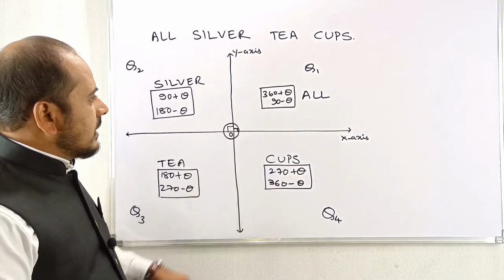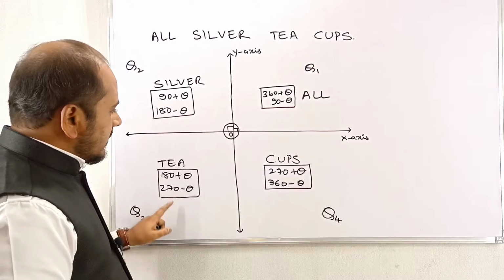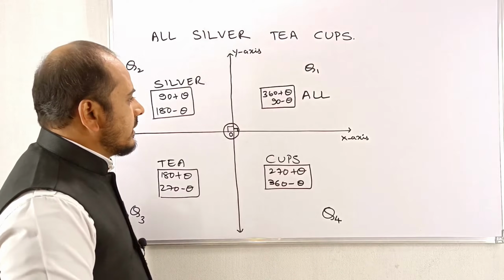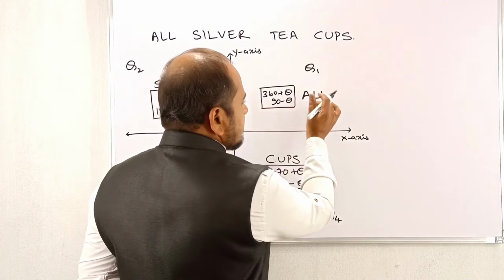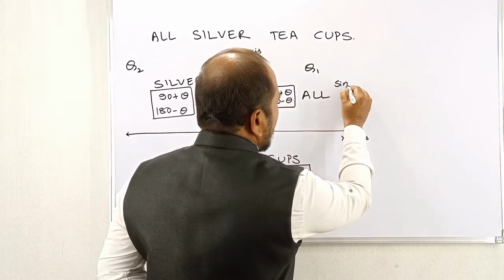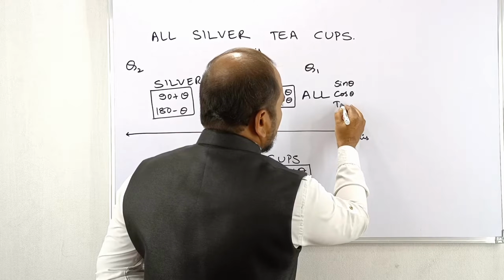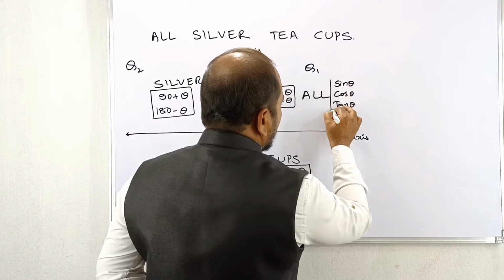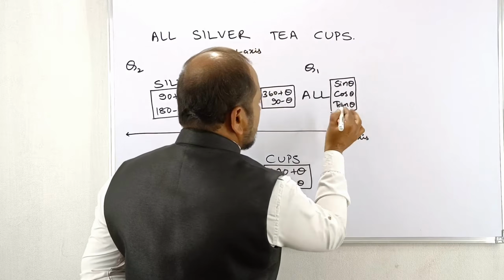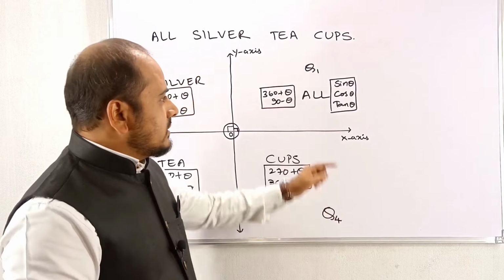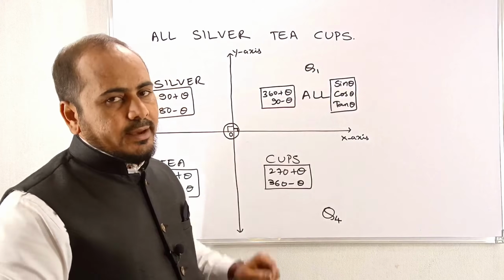Better to write like this: all silver tea cups. Now observe, my dear, all is nothing but all ratios are positive. This is the code we have to remember. All means sin positive, cos positive, tan positive.